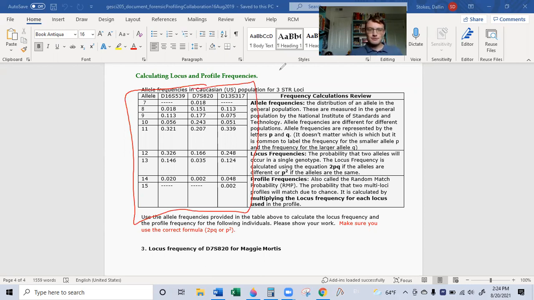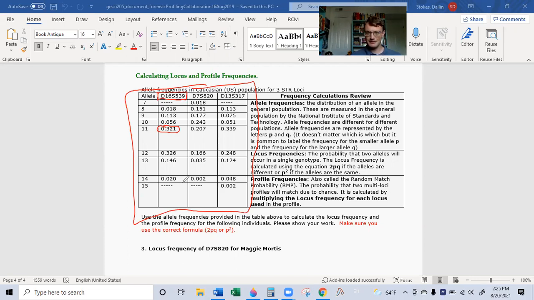What this shows is that at locus D16S539, that's just the name of the location, the address on the chromosome, at this location, 0.321, or if you turn that into a percentage, 32.1% of people have at least one 11 allele at the D16 locus.